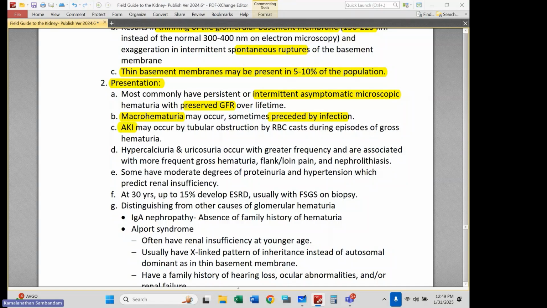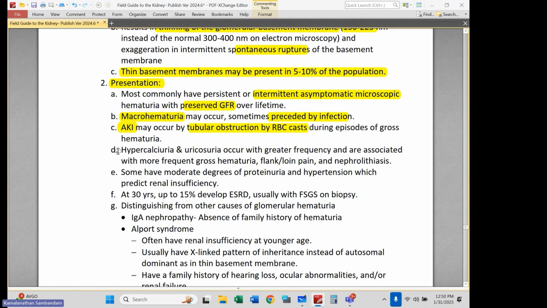You can have acute kidney injury when you have gross hematuria and all of these red cells actually cause basically an obstructive nephropathy, a microscopic obstructive nephropathy, meaning I don't see a hydronephrosis on ultrasound, but if I were to do a kidney biopsy, I see tubules which are chock full of red cell casts.